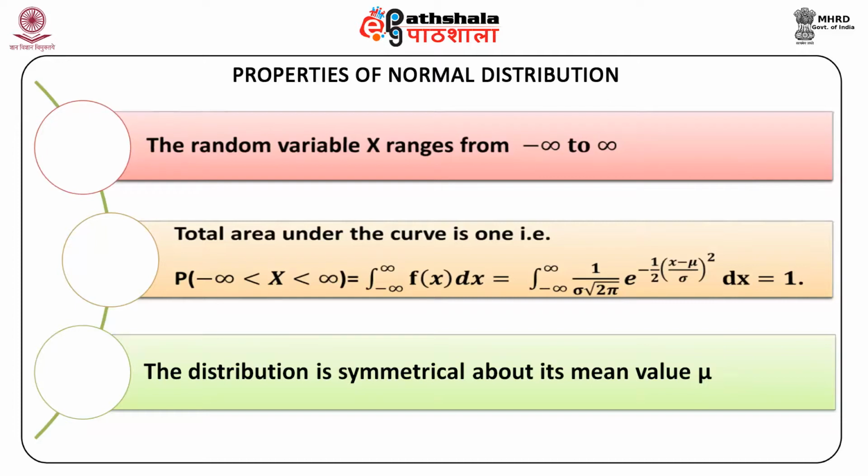Since the distribution is symmetrical about its mean value mu, this implies the area under the curve on both sides of the mean mu is 0.5. That is, the probability that x is greater than or equal to mu is equal to the probability that x is less than or equal to mu, which is equal to 0.5.